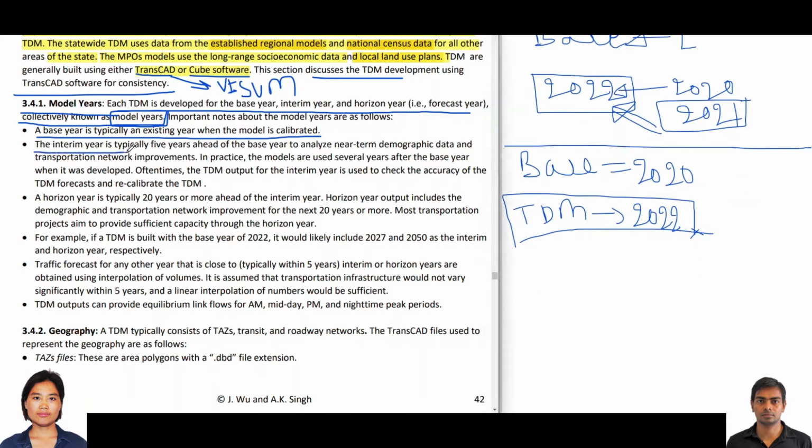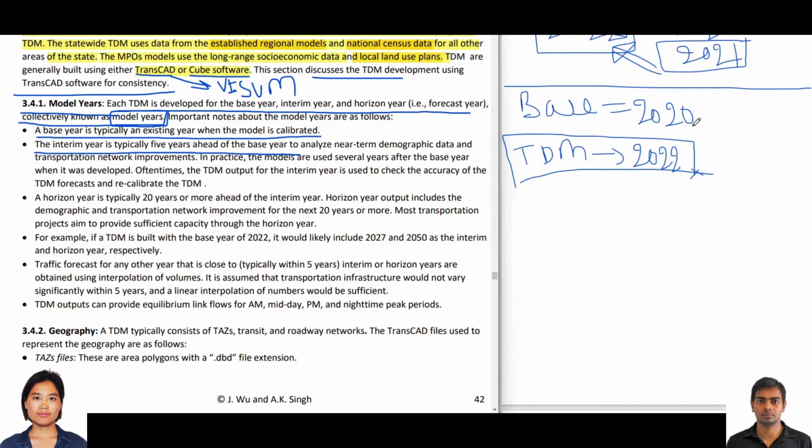The interim year is typically 5 years ahead of the base year. So we have the base year, and usually what we have is base plus 5 years, to analyze near-term demographic and transportation network improvements. However, in practice, the models are used several years after the base year when it was developed.